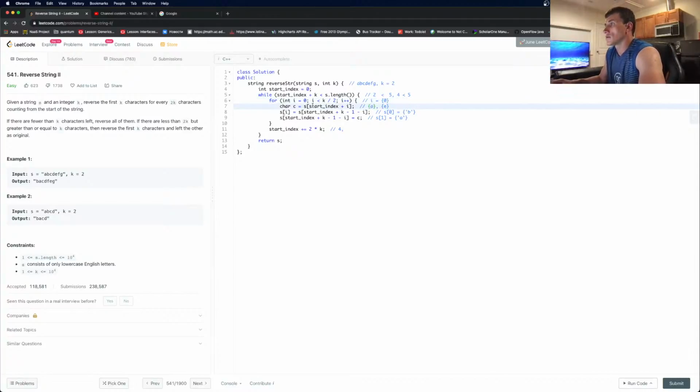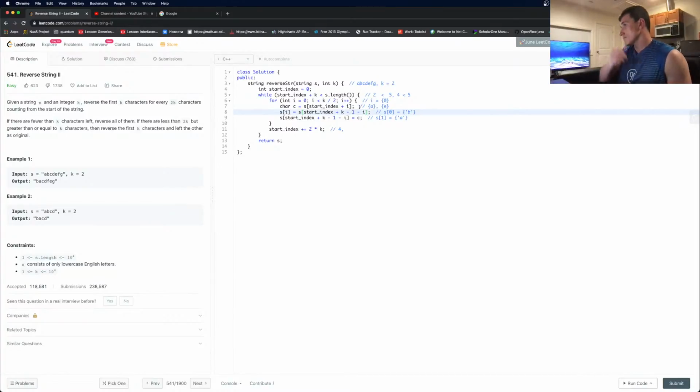But here is the fix, because start index is 4 now. So it's 4 plus 2, 6 minus 1, 5 minus 0, 5. So the fifth element here is F, right?